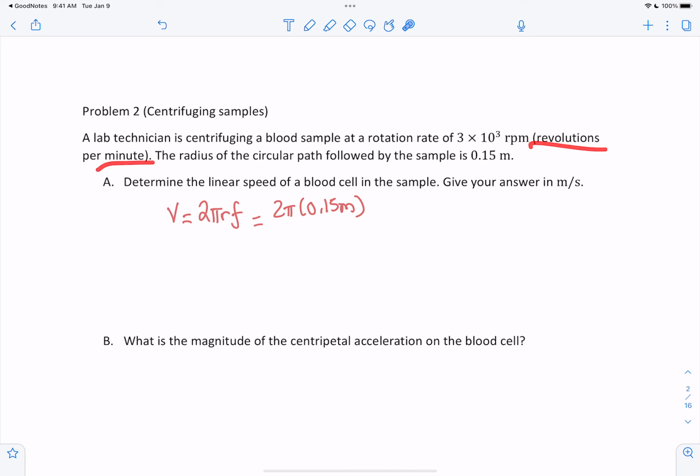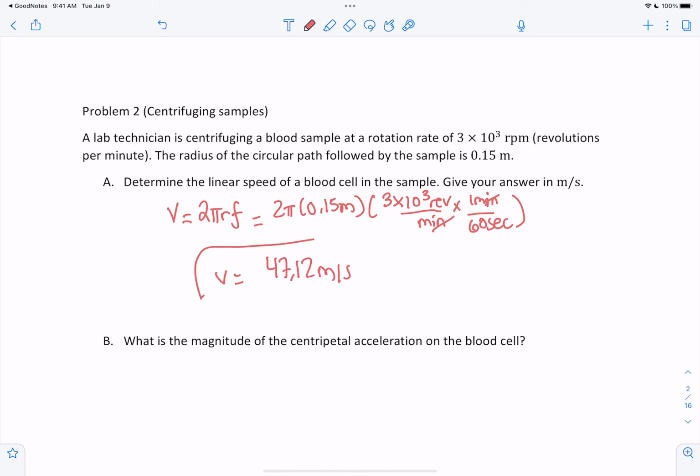We want to have the answer in meters per second, so we want to change minutes to seconds. So we can say 3 times 10 to the third revolutions per minute, and then that minute divided by 60 seconds. So a minute cancels with minute, divided by 60 seconds. And so our linear speed in this case should be around 47.12 meters per second.